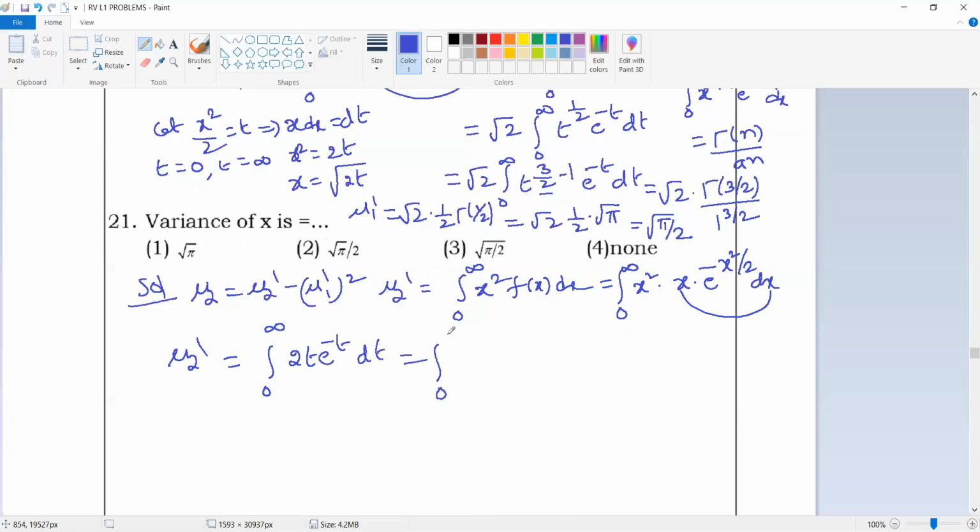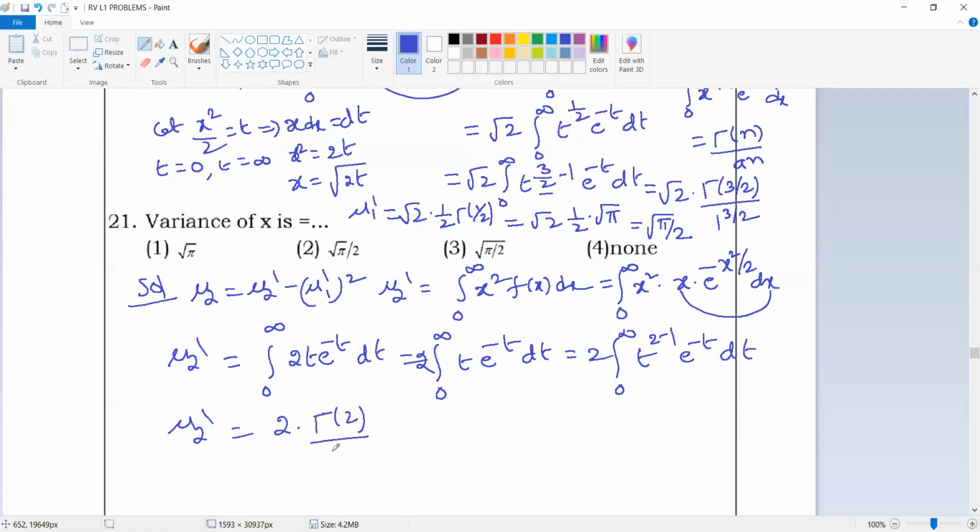Now 0 to infinity. 2 is a constant value, so t into e power minus t dt. Convert into gammas. The integral from 0 to infinity of t power 2 minus 1 e power minus t dt. So mu2 dash is equal to 2 into gamma 2 by 1 power 2, that is equal to 2.